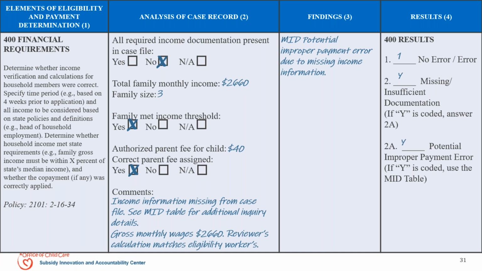Refer to the mid-table for details on the additional inquiry. And I also mention that the gross wages were $2,660 and that the reviewer's calculation matched that of the eligibility worker. In column 3, you see that I've added a note that that potential improper payment error was mitigated by the additional inquiry.